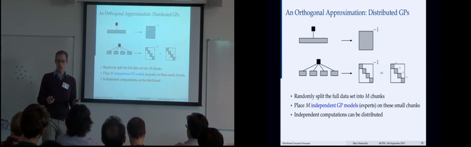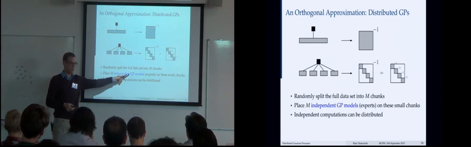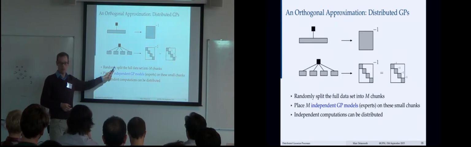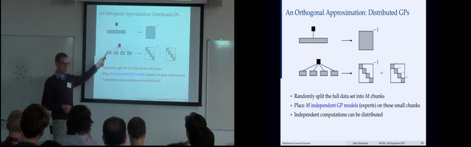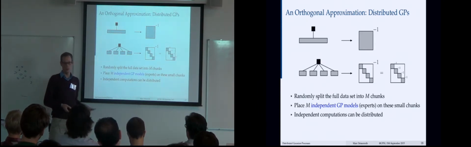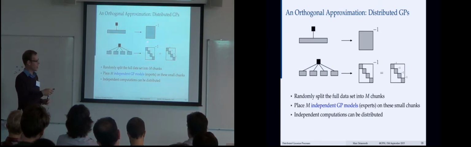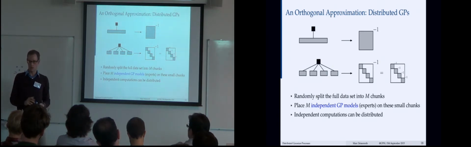So you can have a really large distributed system if you make this independence assumption. This Gaussian process expert could compute a couple of predictions here in Sheffield, and this one down in London, and this one in New York, for example. All of these predictions are independent, and afterwards you need to combine them somehow, and I'm going to talk about this a bit later.